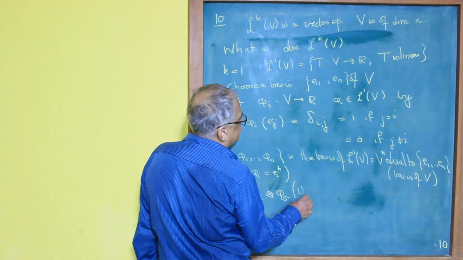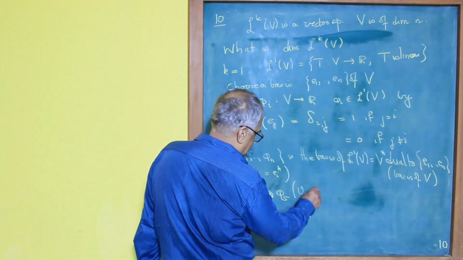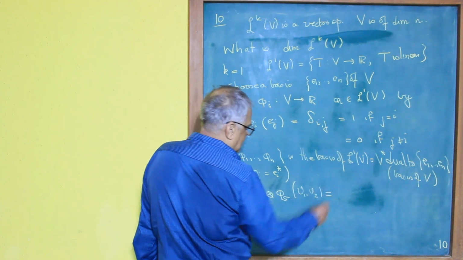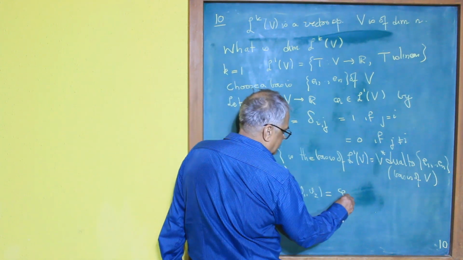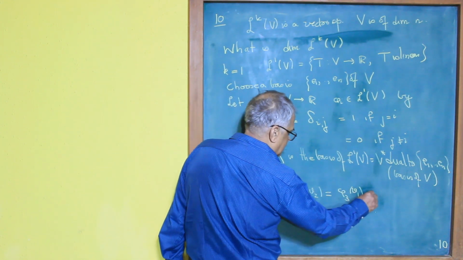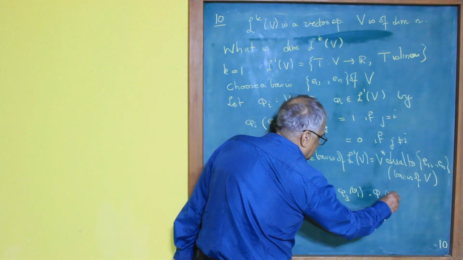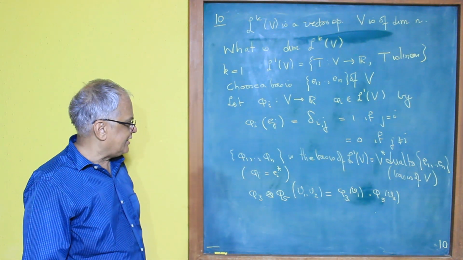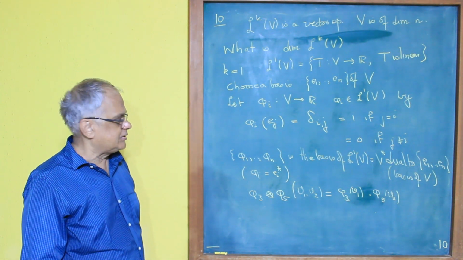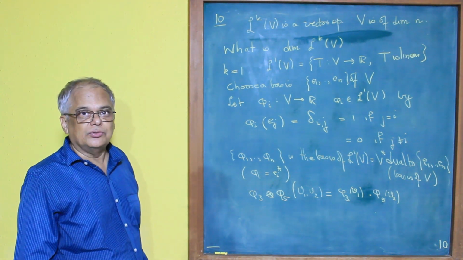Phi_3 tensor phi_5 of (v_1, v_2) is phi_3 of v_1 multiplied by phi_5 of v_2.